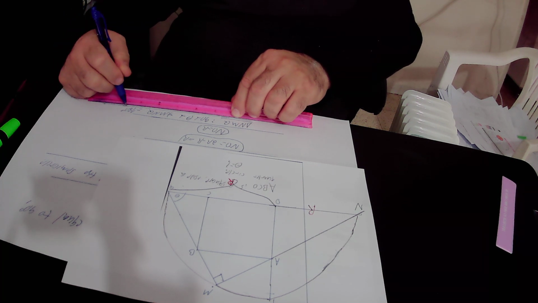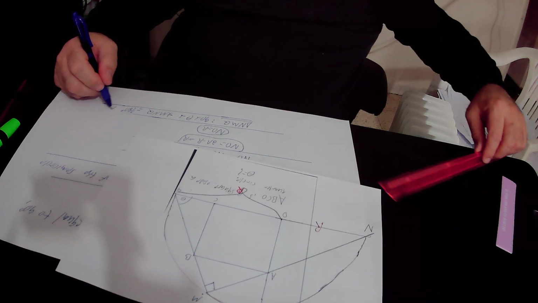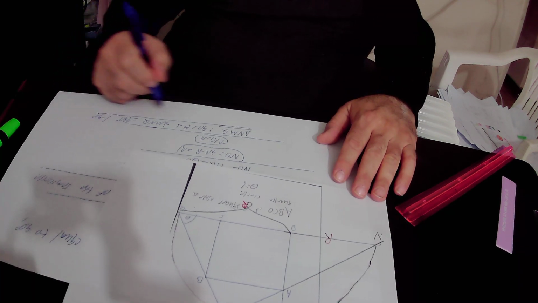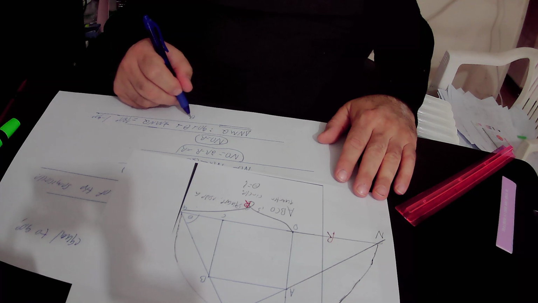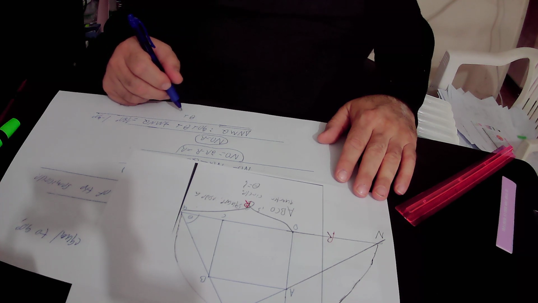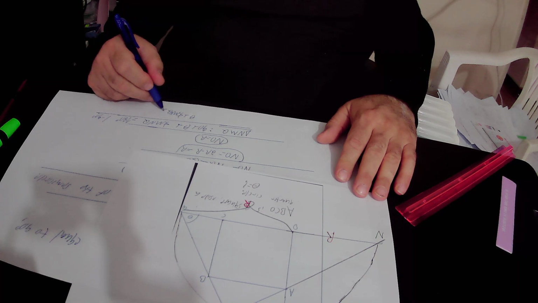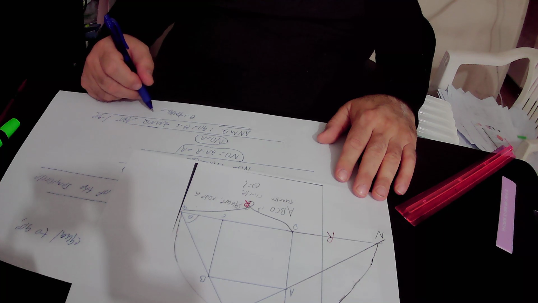So we will subtract 90 degrees from this equation, and we will get that angle theta plus angle MNQ equals 180 degrees minus 90 degrees, it is 90 degrees.